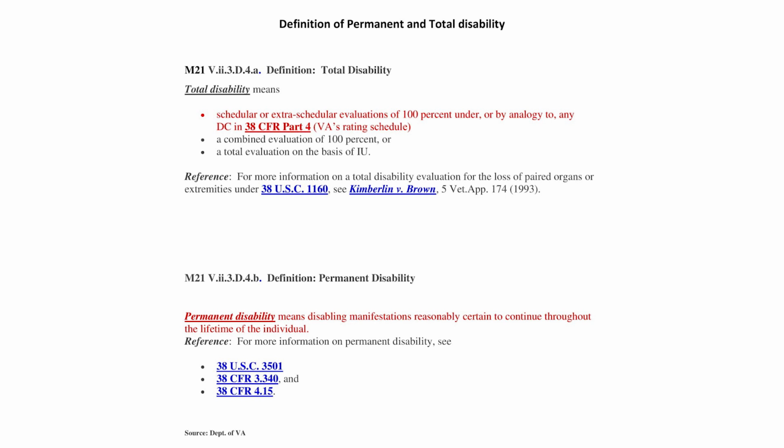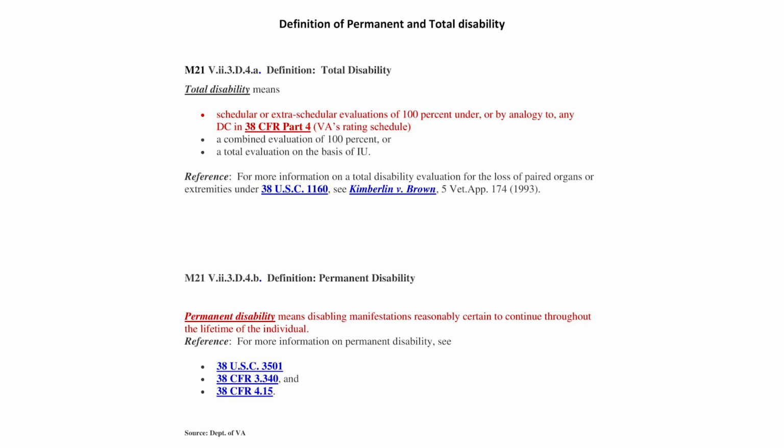And if so, ask them to put it in the DBQ: this condition is considered permanent and total, all right? That way, that prevents that adjudicator from assigning a routine future exam. I'm not going to get into routine future exams, but I will link other videos that I've done for routine future exams to this one at the end of this video.